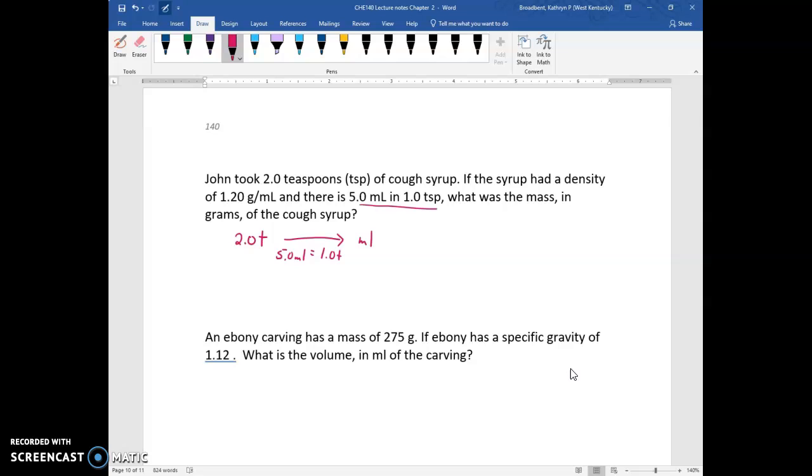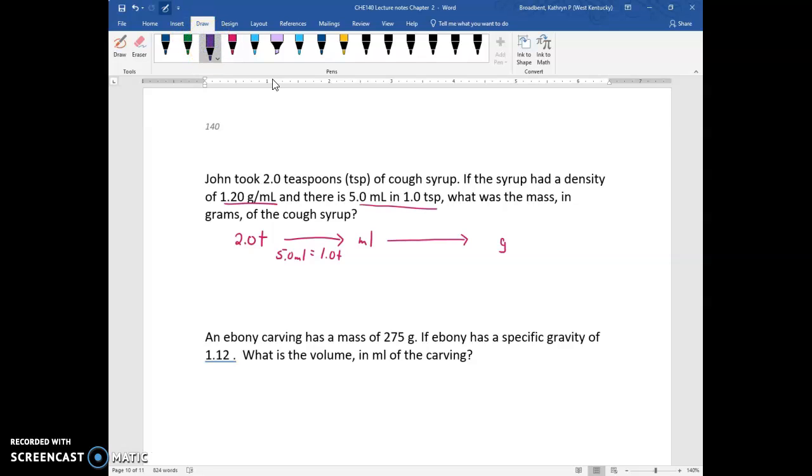Then we'll convert our milliliters into the grams that we'd like it to be in. We're told here that we have 1.2 grams per milliliter. That means I've got 1.2 grams in 1 milliliter. I can write that as an equality.